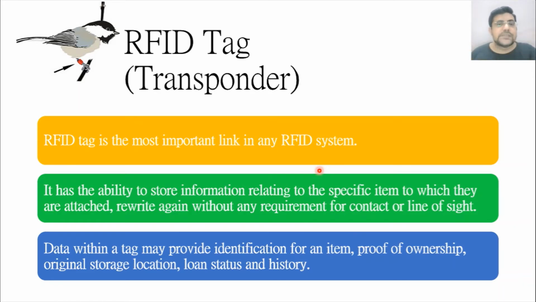They don't have the ability to store the information of the particular object they are attached to or rewrite the information. So that's why the ID is the tag, and the tag is the most important link in any RFID system. Hope I have explained clearly, but if you have any confusion, you can contact me.